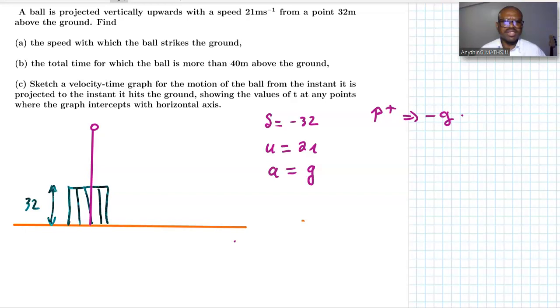What we can do, we can use this formula. V squared is equal to U squared plus 2AS. We know U is 21 squared.